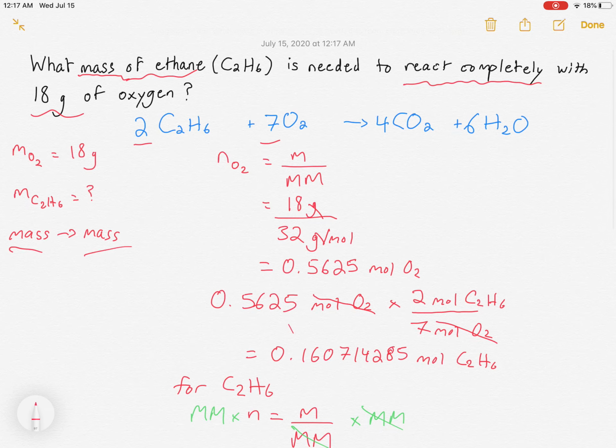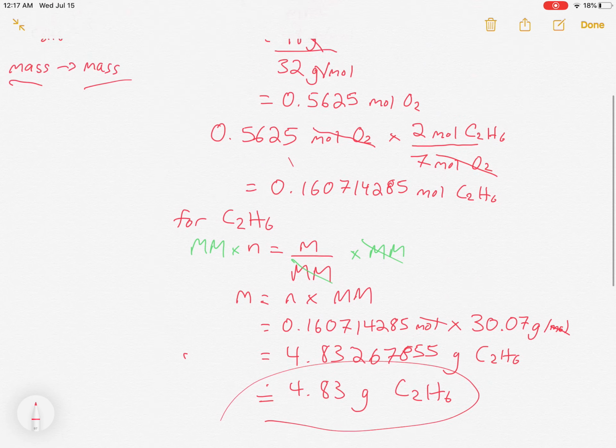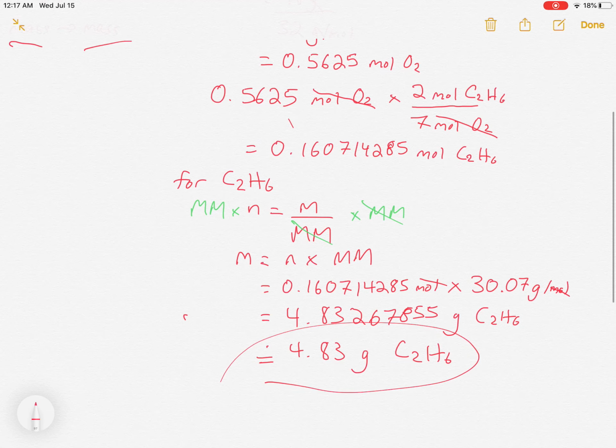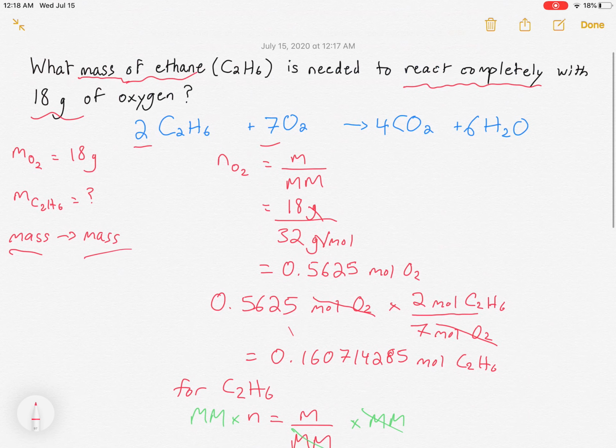And we determined that by looking at our balanced equation, looking at the molar ratio of ethane and oxygen based on the moles that we calculated for each. Right, we took a mass value, converted it to moles, converted the mole value of one compound to the mole value of another, and then we took that number of moles and used that to solve for a mass.